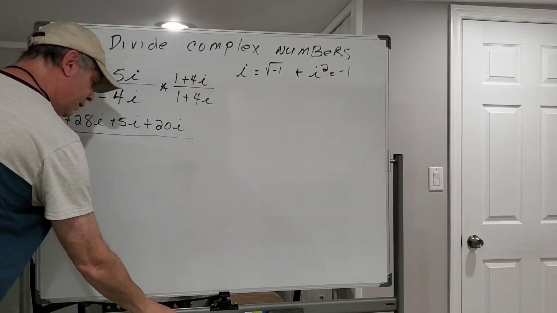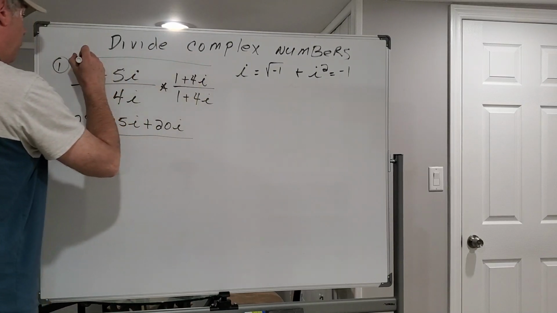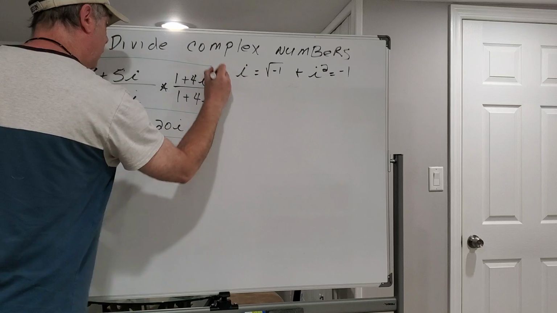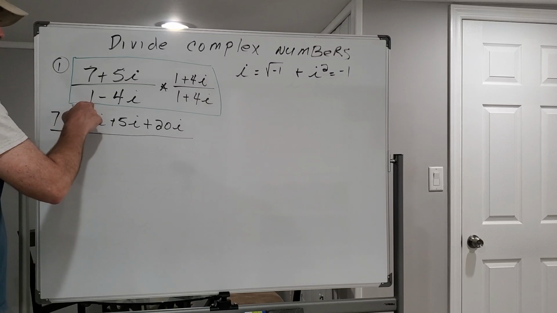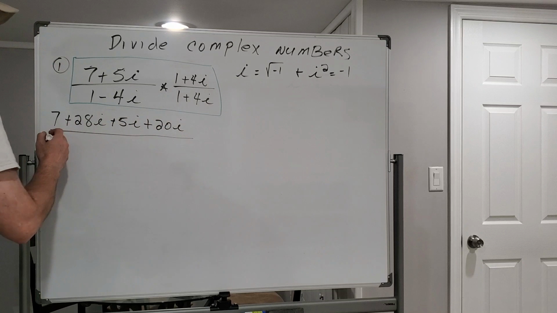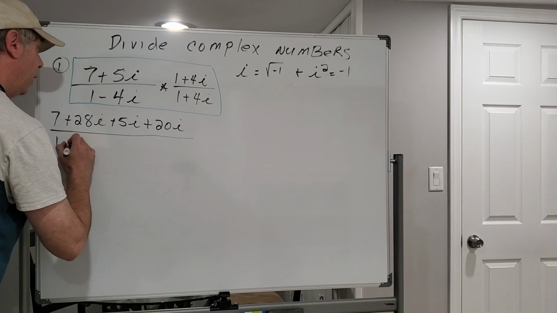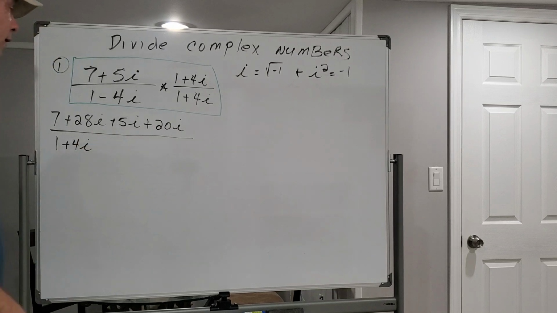Now we're going to do the same thing with the bottom. Right now I'm going to put a box around this in a different color. That way we know this is our original. Bottom, do the same thing. 1 times 1, and then 1 times 4i. So on the bottom we're going to have 1 plus 4i.